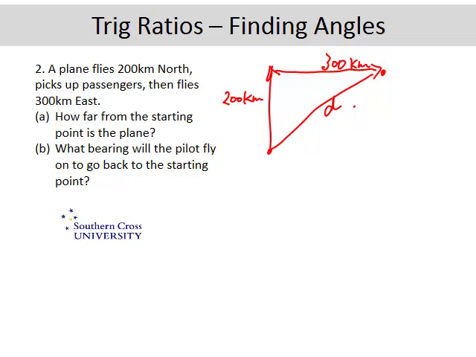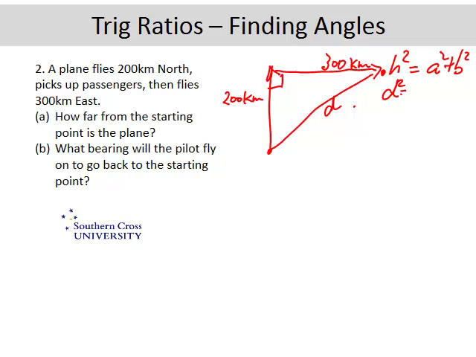And you can see we've got a right angled triangle here because the angle between north and east is 90 degrees. This is a Pythagoras question. We don't need to bother with trigonometry for this. So we know that Pythagoras' theorem is h squared equals a squared plus b squared.